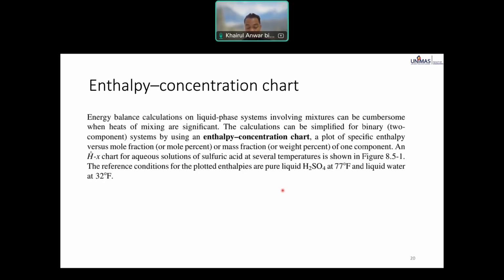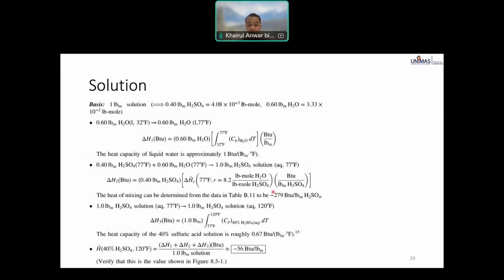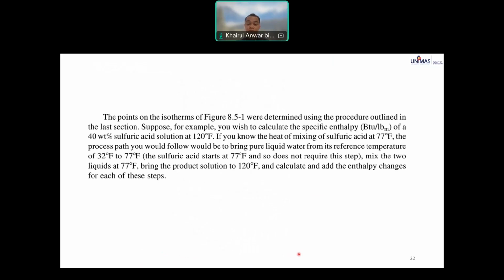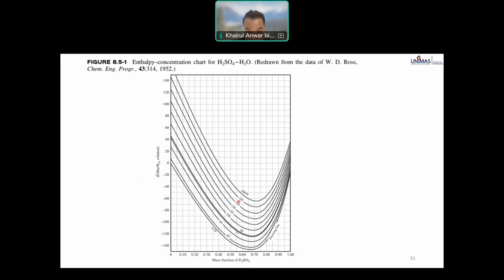That's why there is a mass fraction of H2SO4, with 0 being the most dilute, meaning 0 amount of H2SO4 and 100% water. Meanwhile, for mass fraction 1, it is 100% pure sulfuric acid. So we have here the temperature.